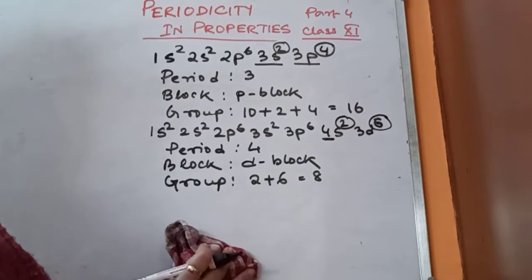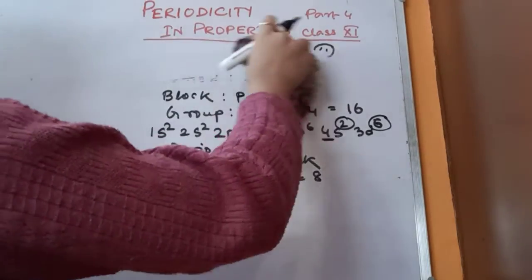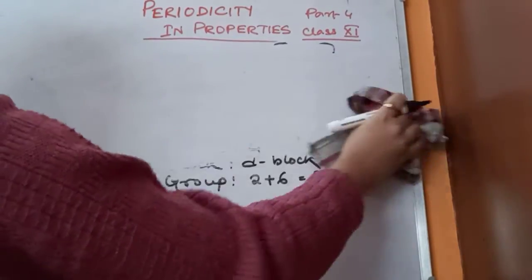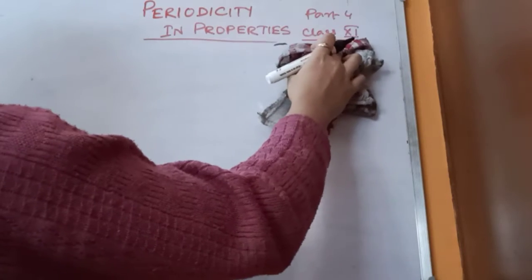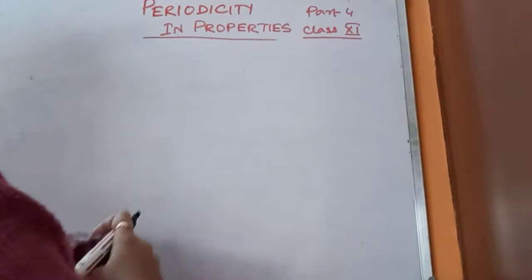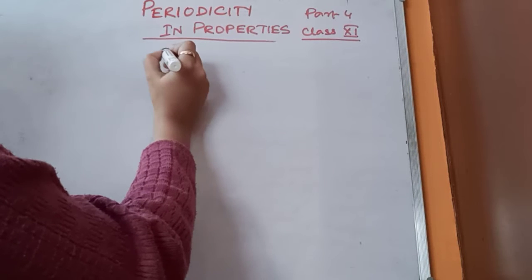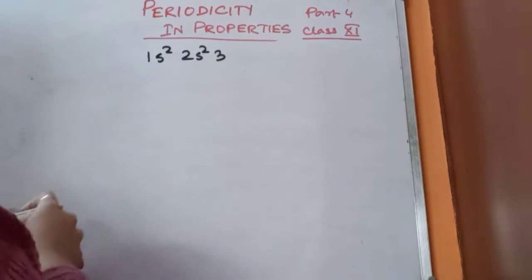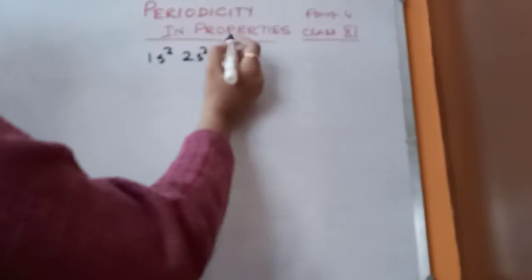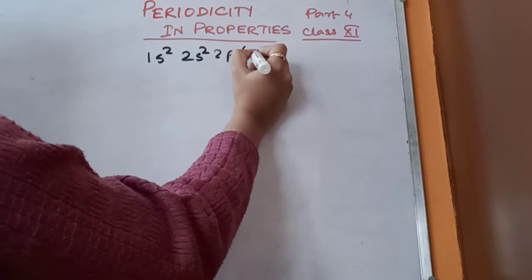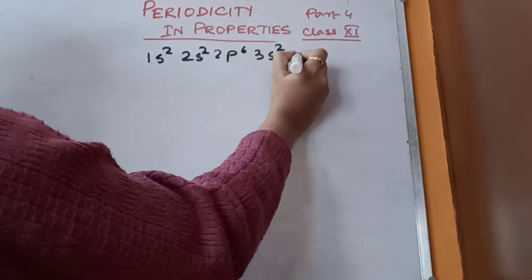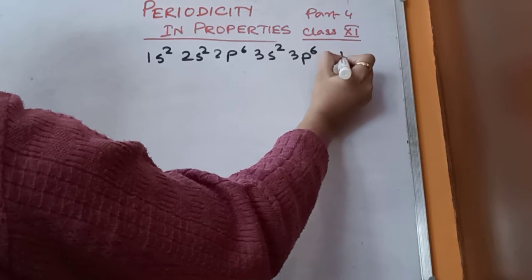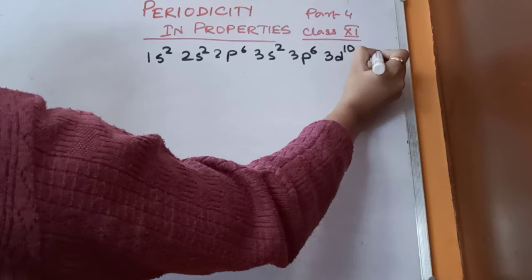I'll come to the last example of this type of questions. 1s2, 2s2, 2p6, 3s2, 3p6, 3d10, 4s1.